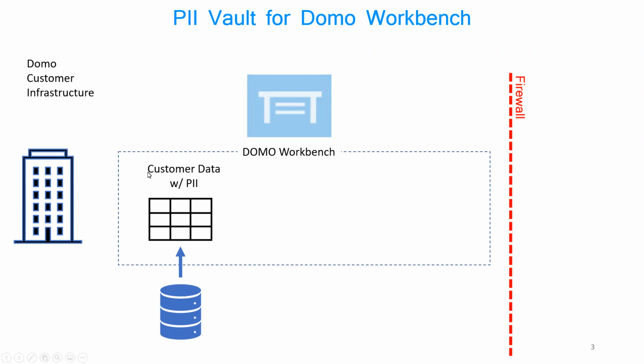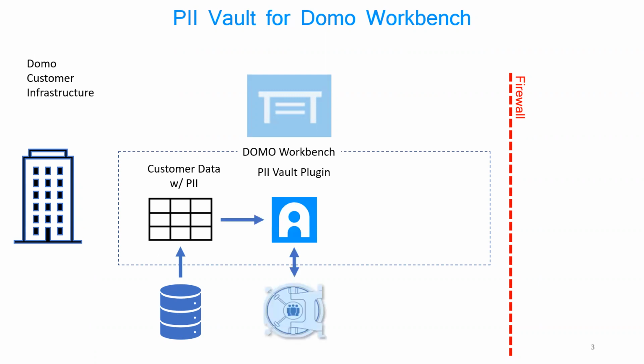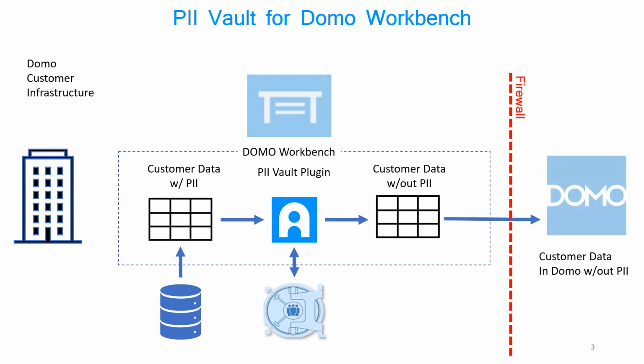It's fine because it hasn't gone anywhere yet. Now, that data will seamlessly be directed into the PII Vault plugin. The PII Vault plugin will anonymize the data, and the output of that will be the same customer data you want to work with, but without any of the PII. Seamlessly, all that anonymous but very valuable data will be uploaded into Domo for your use.